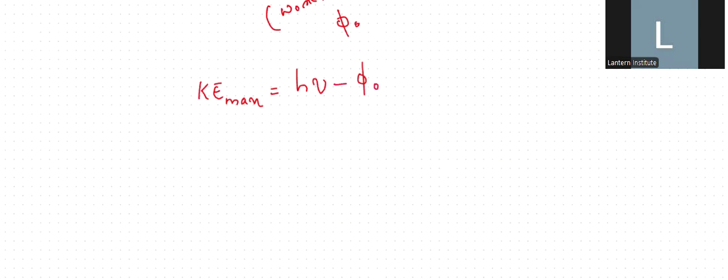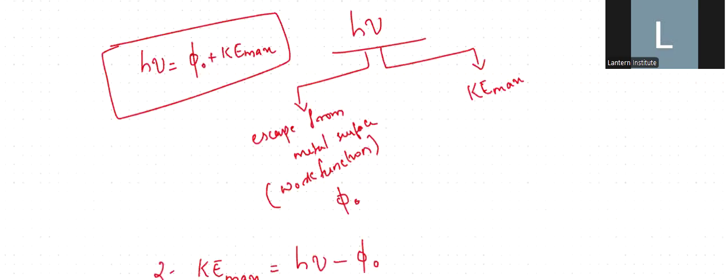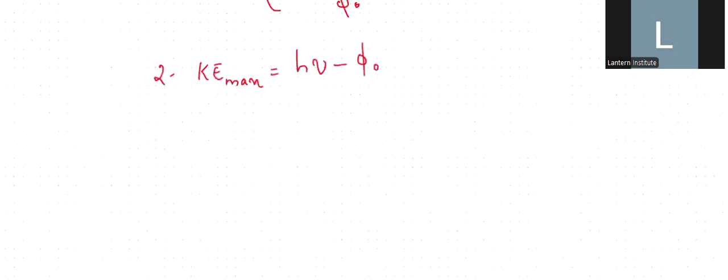So the first equation is h nu is equal to phi naught plus kinetic energy maximum, and the second equation you have to remember in this chapter is kinetic energy maximum is equal to h nu minus phi naught.